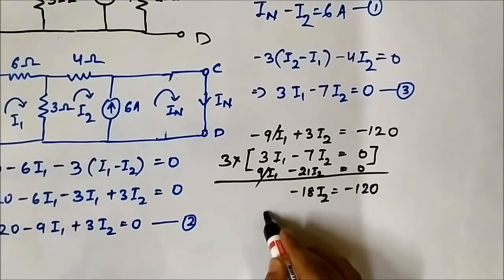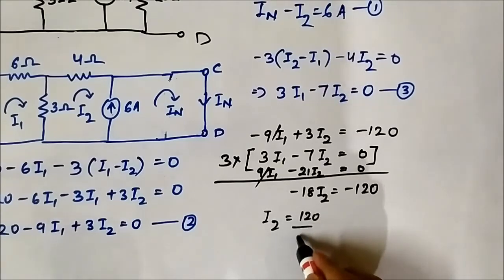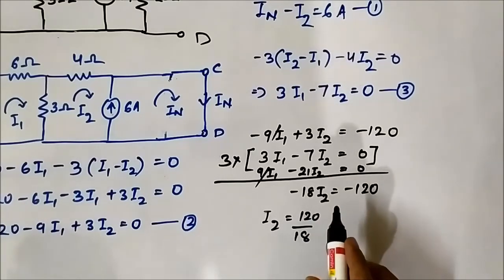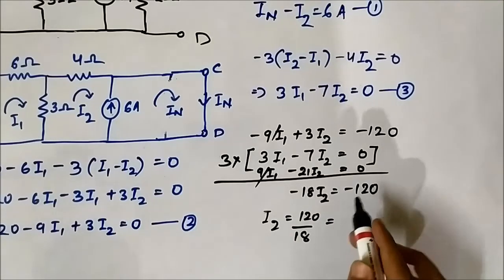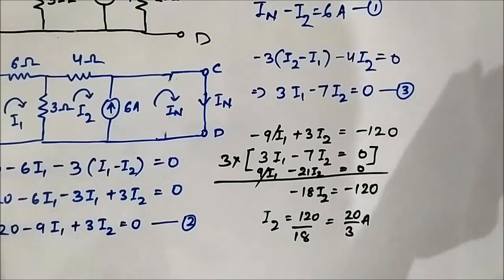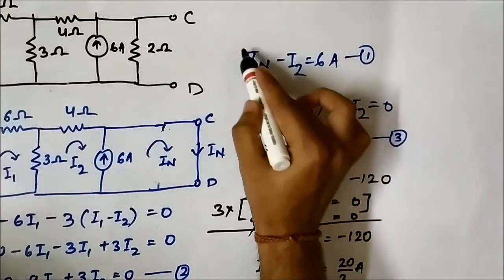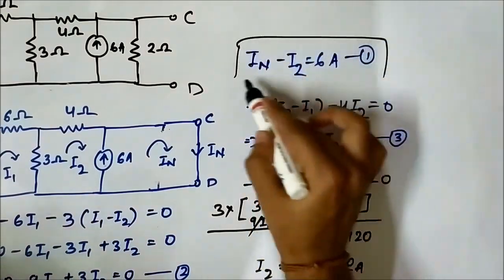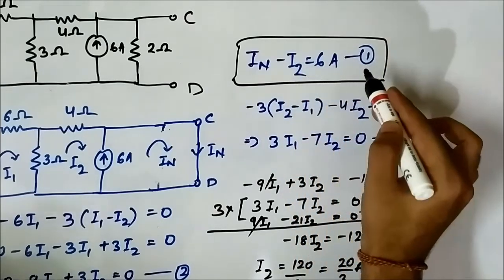So I2 is equal to 120 by 18, which is 20 by 3 ampere. Now I2 is 20 by 3 ampere. Here we will use the auxiliary equation which we first wrote: IN minus I2 is equal to 6 ampere.